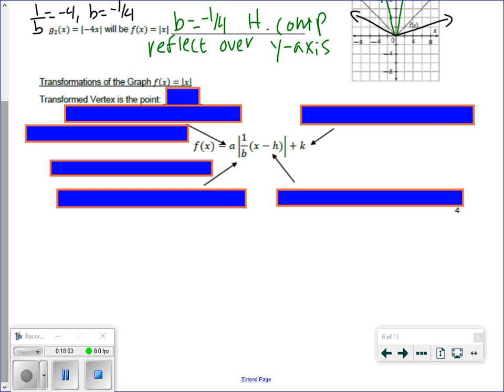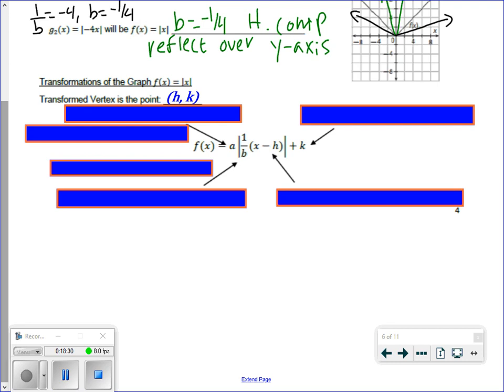The transformed vertex at this point: something to pay attention to is that our vertex for this absolute value is still (0, 0). And remember in the previous chapter, we talked about how at the vertex (0, 0), your transformed vertex will be (h, k), because you plug in 0 for x and 0 for y in our transformation rule. The bx and the ay cancel out, and you're just left with h, k.